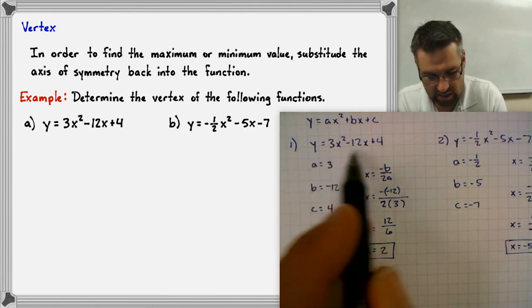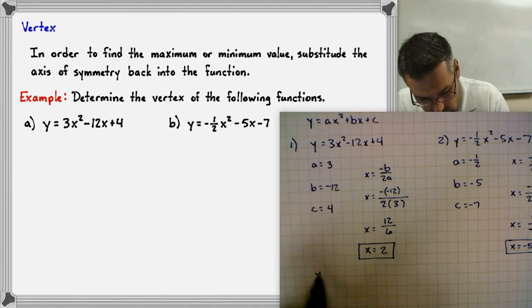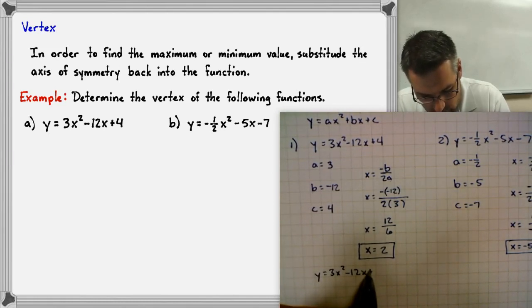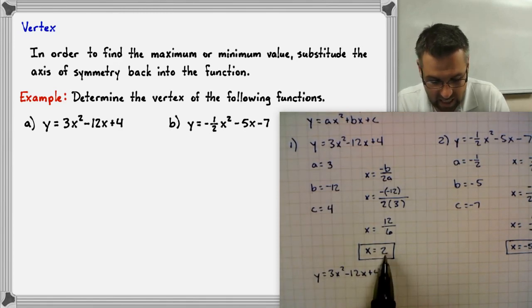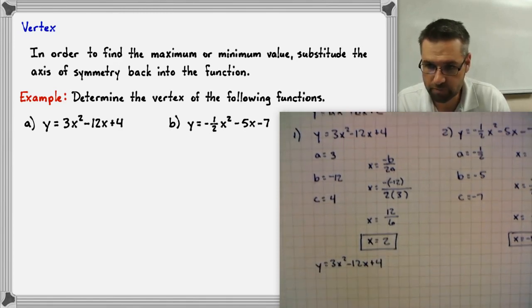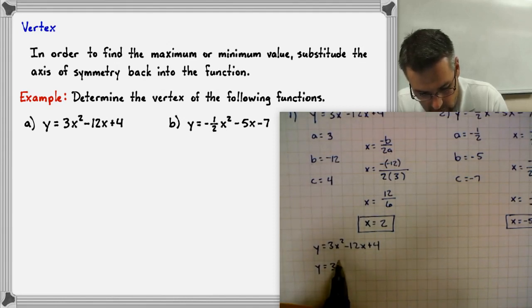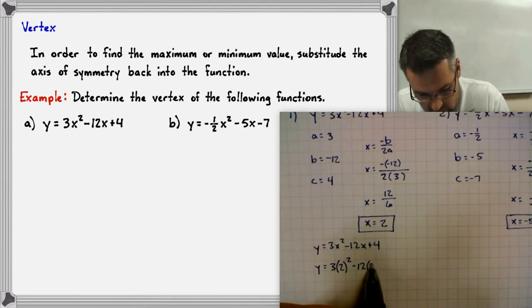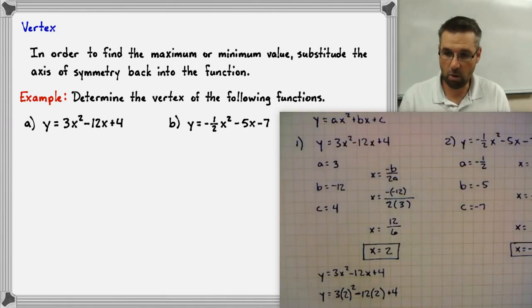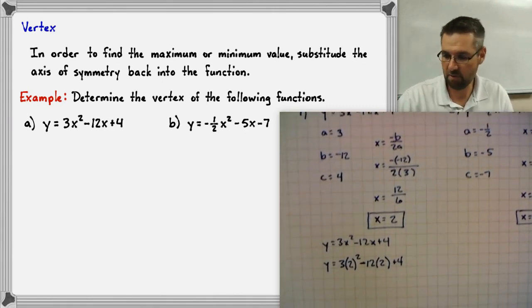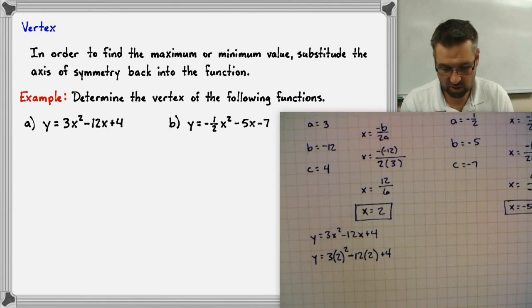So we're going to take this function, y equals 3x squared minus 12x plus 4, and replace the x value with 2. And so we end up with y equals 3, and now we're going to substitute, so we're going to put parentheses around this, 2 squared minus 12 times 2 plus 4. Okay? And then all we have to do from here is simplify that expression.